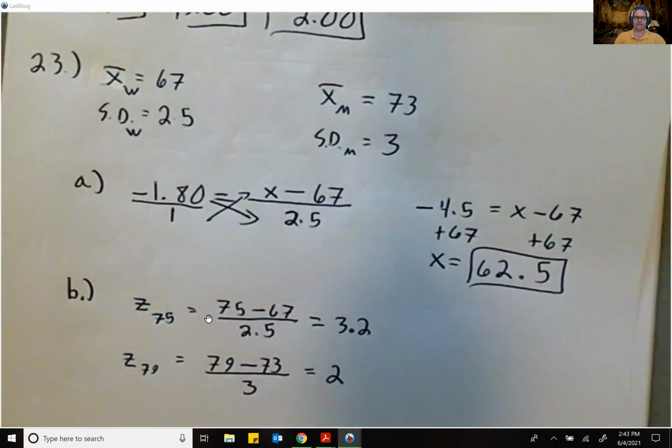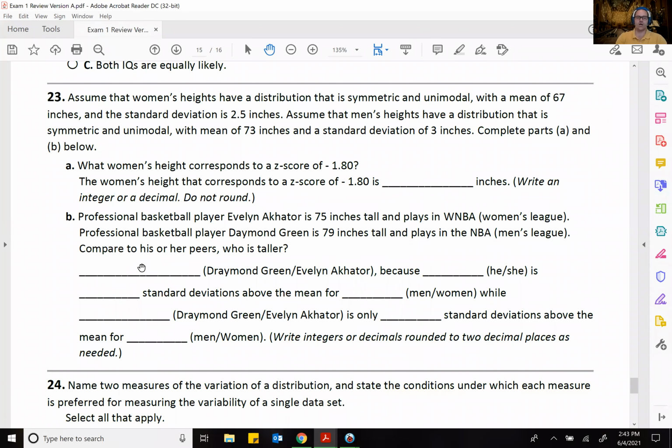So let's go through and answer some questions. Who is taller? Evelyn. So that's our first blank. Because blank, he or she? She.